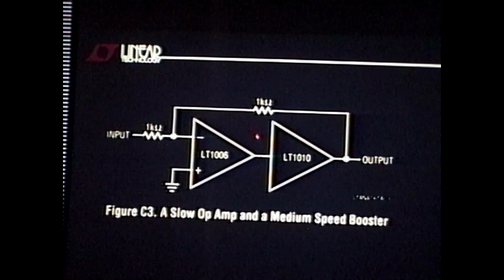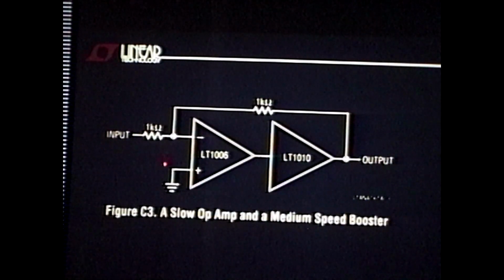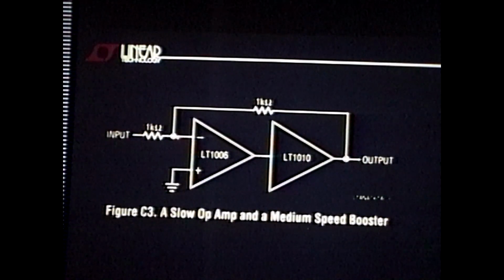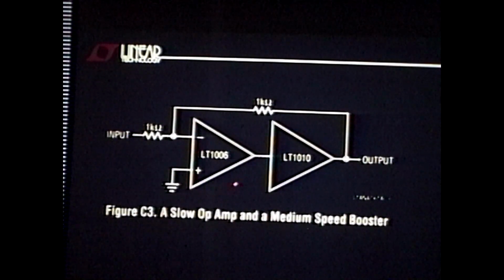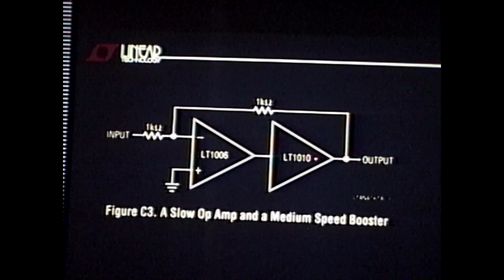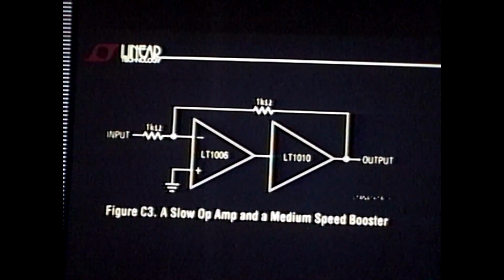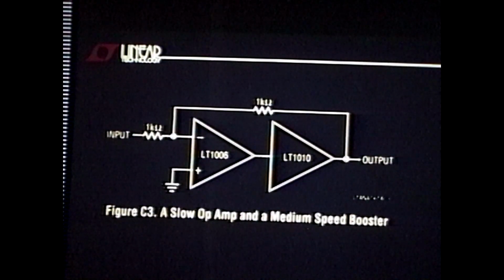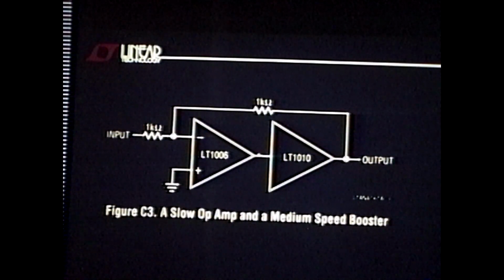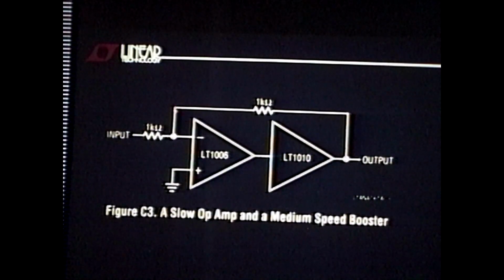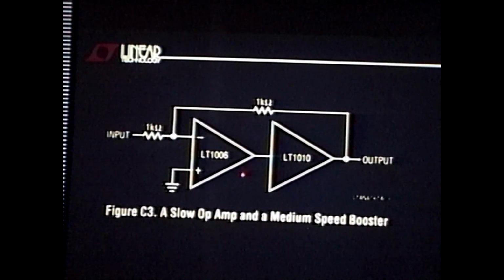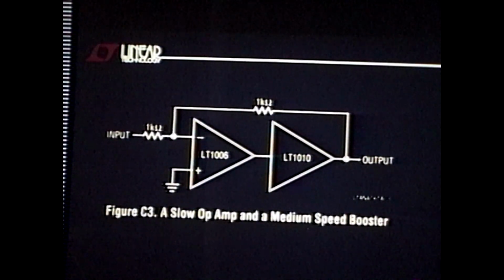This is very slow. You can inherently model this, if you will, as already having a big capacitor from summing point to output. It's a 1 megahertz kind of thing, and it's instructing a 20 megahertz kind of thing to close the loop. In the pit of your stomach, you know when this moves its output, the phase, the delay, if you will, through the loop, looks like nothing as far as this 1 megahertz device is concerned.